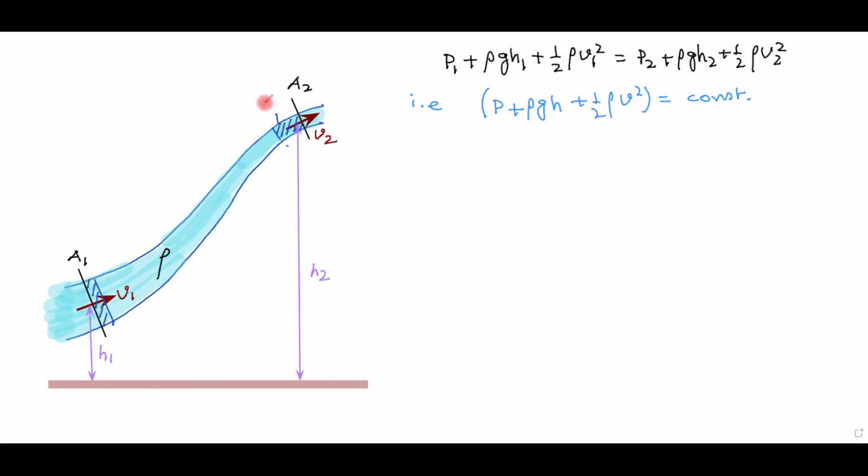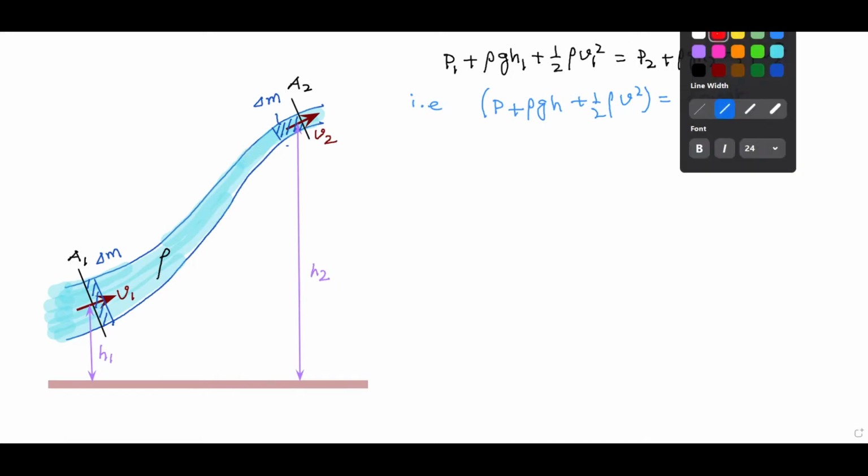So its mass is del m. Mass of this is also del m. And this del m mass has been pushed into this liquid column in del T second.